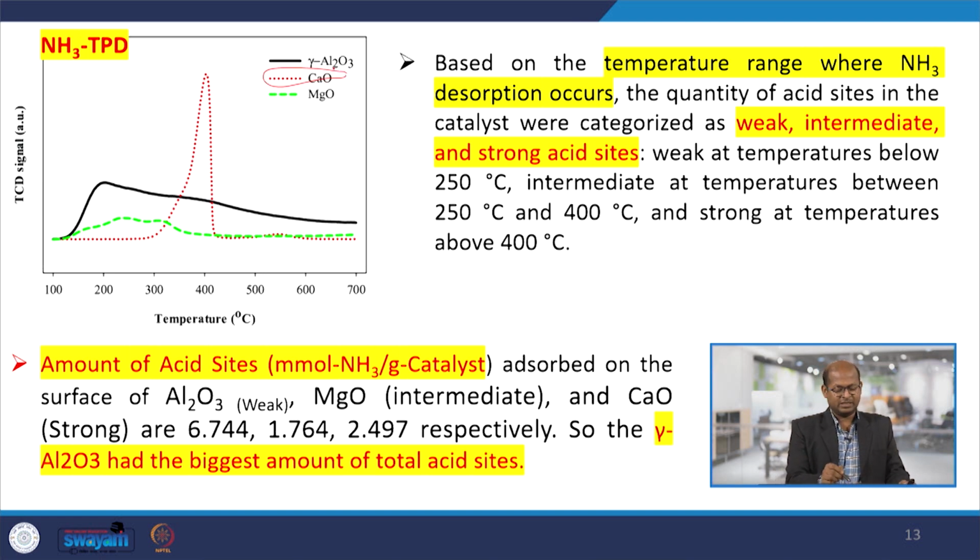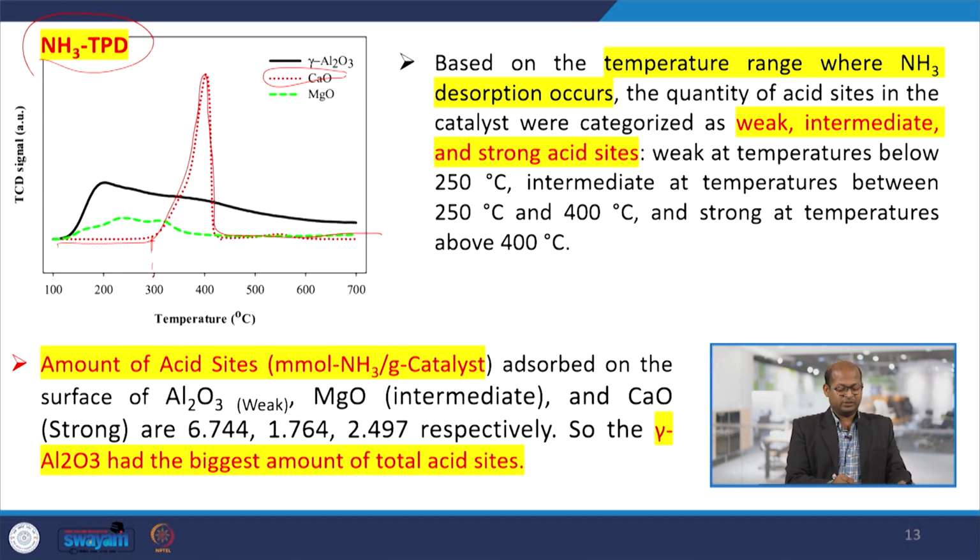Red one was the calcium oxide, and that was done by ammonia TPD. Here you can see from 100 up to this temperature, 300, there is no desorption. After that desorption has started and then it is coming linear.